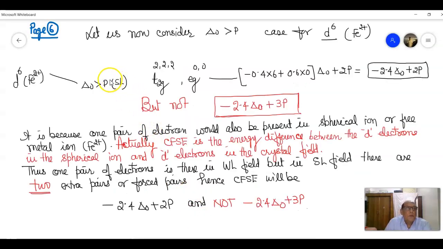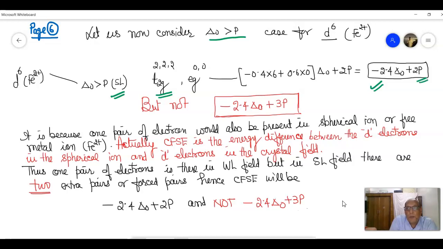Here we are going to consider Δo more than P. What will happen now? Ligands are strong, so all the 6 electrons will occupy t2g orbitals. eg will remain vacant. And CFSE will come out to be −2.4 Δo + 2P.